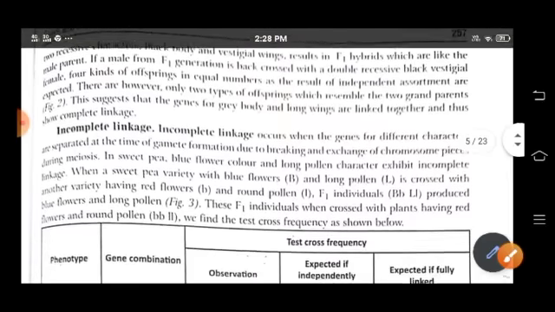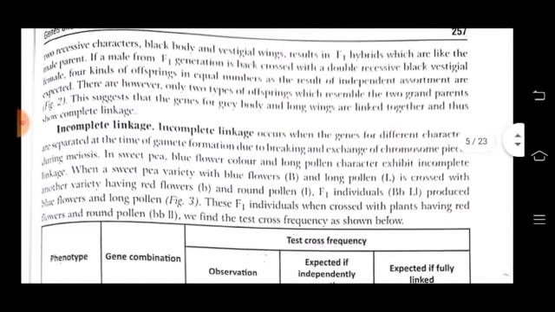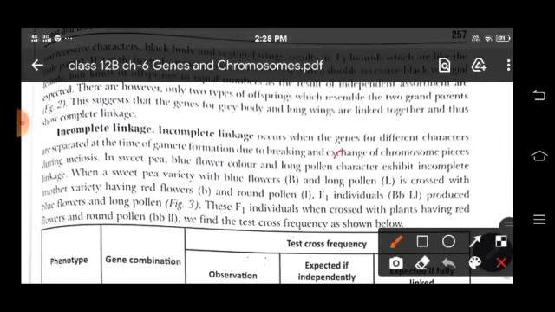Now incomplete linkage occurs when the genes of different characters are separated at the time of gamete formation due to breaking and exchange of chromosome pieces during meiosis. In sweet pea, blue flower color and long pollen character exhibit incomplete linkage.